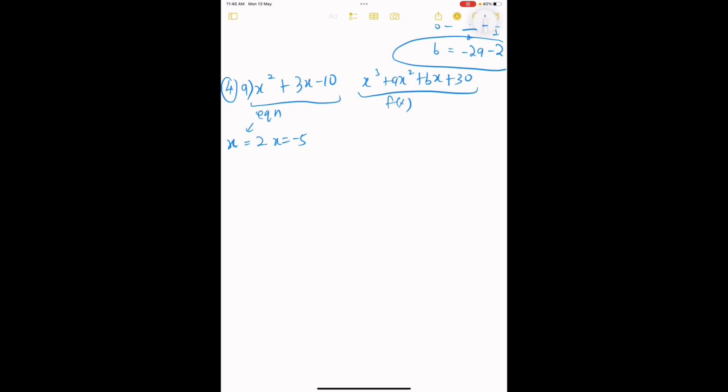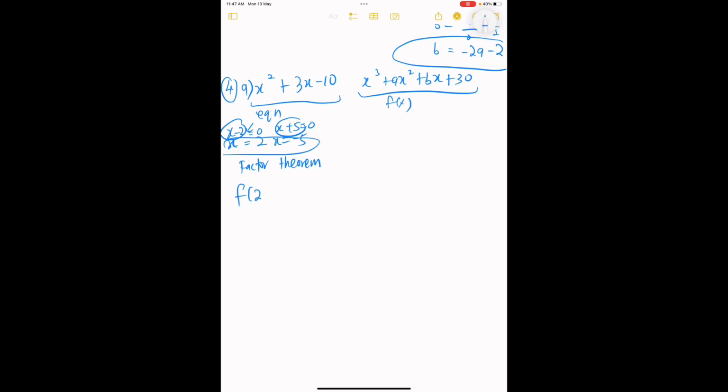Okay, so you reverse the step, it gives you x minus 2 equals 0, x plus 5 equals 0. So this 2 is your factor. So using factor theorem, you have two values, right?